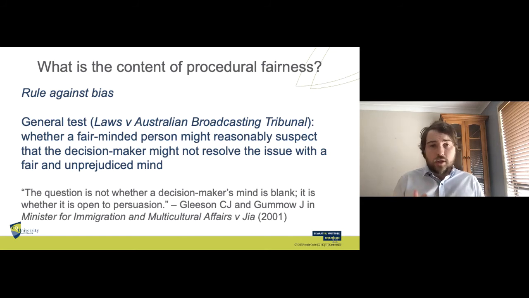The decision maker is not a blank canvas that is simply filled from the facts presented before them. A decision maker can have a preliminary or early notion of where things are going to go, what the decision's going to be. But as long as they are open to evidence to the contrary, as long as they are open to changing their mind, it doesn't matter that they've got a preconceived idea.